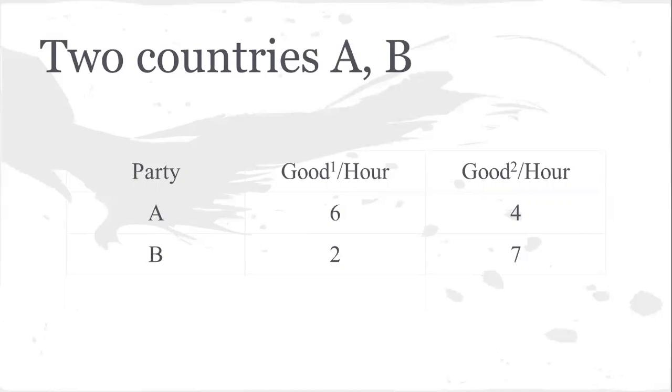So it will be better that A specializes in good 1, and B specializes in good 2, because otherwise, if A is producing both goods, it is giving inputs for the good where it cannot win the market.